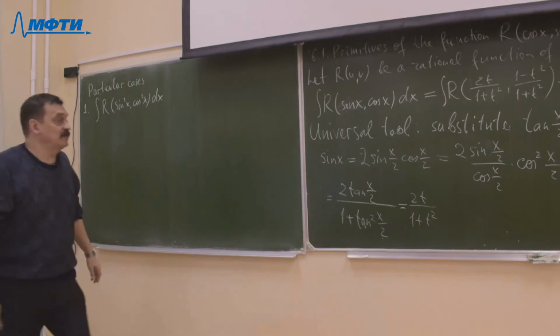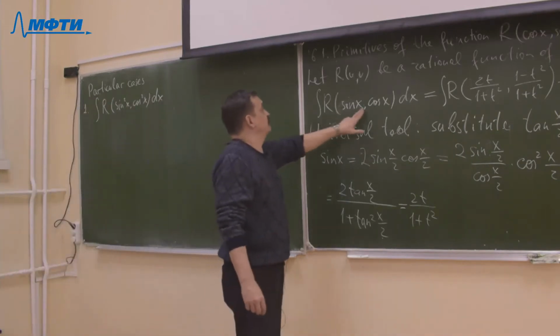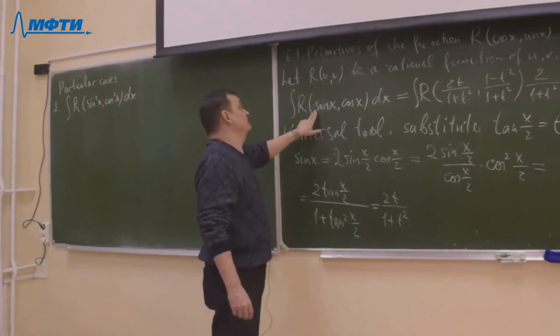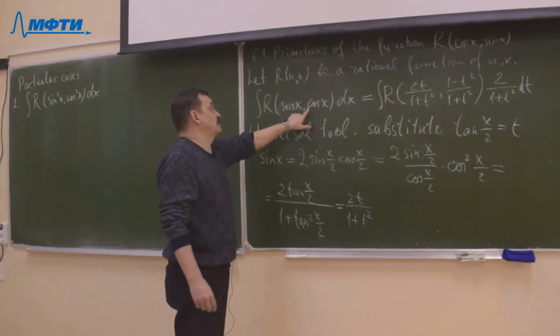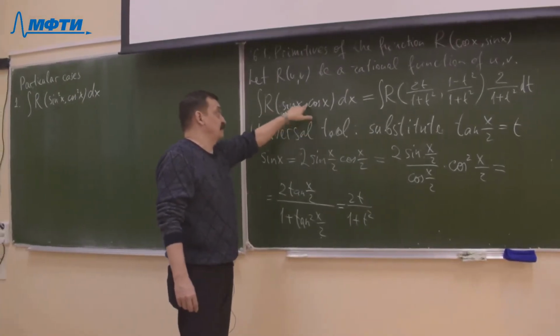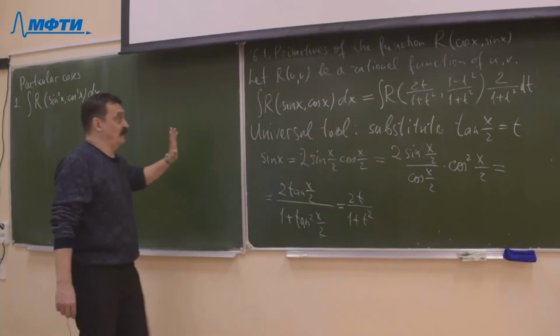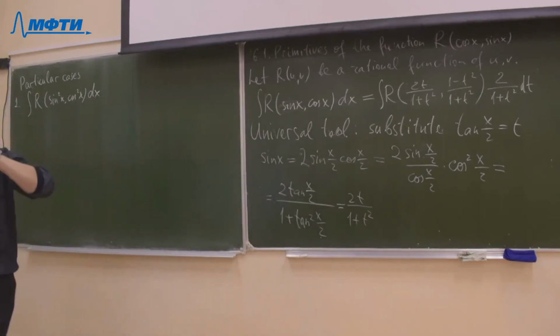In fact, roughly speaking, if you substitute instead of sine x and cosine x, minus sine x and minus cosine x, the function doesn't change. That is one way. In particular, this case also is here, but it's better to explain in this way.